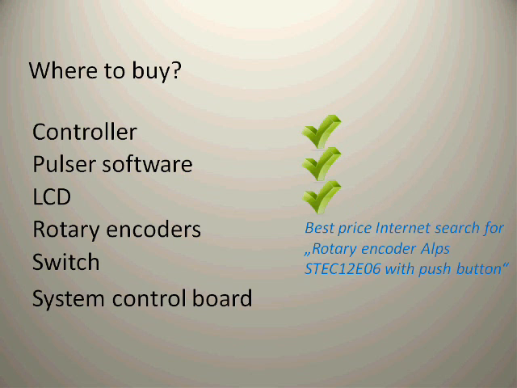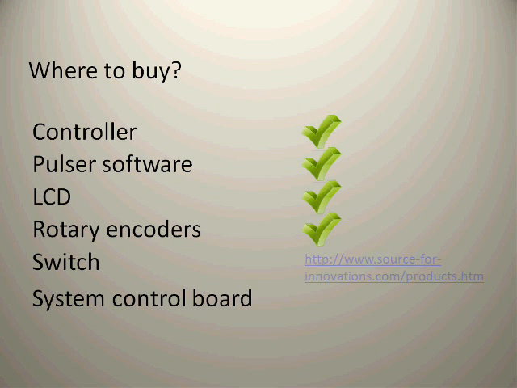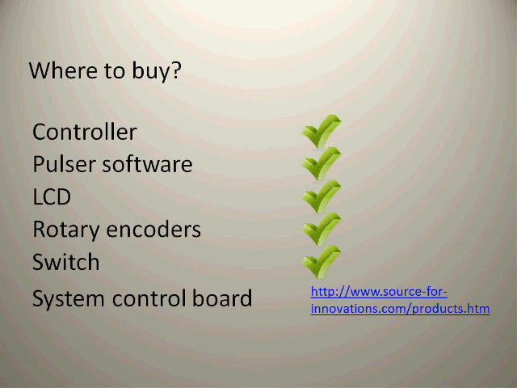The rotary encoders are from Alps. You have to search for Alps encoder. The switch or the switches galvanically decoupled you get from Innovationsshop, and also the system control board, the so-called base board, you get from them.